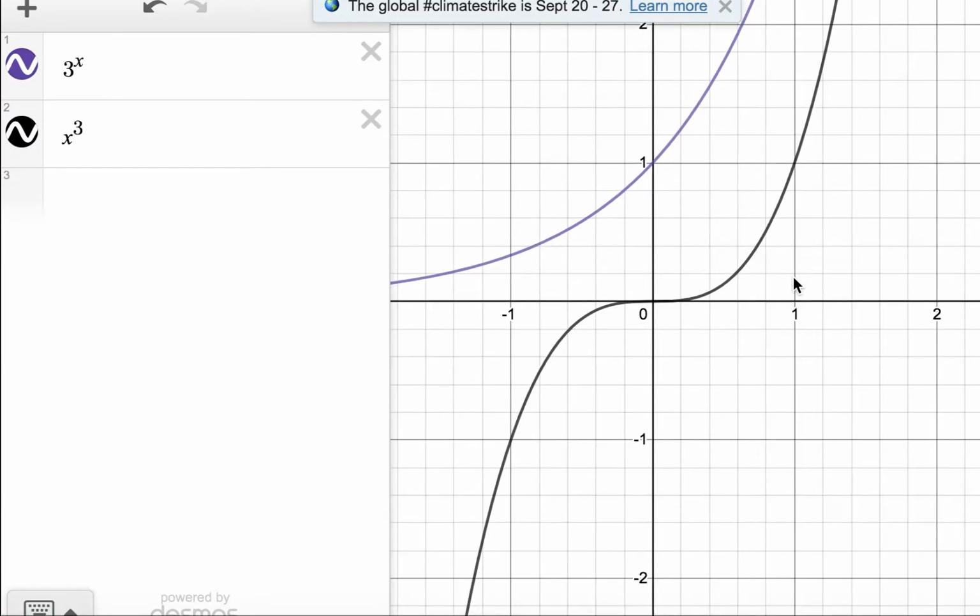Okay, that's probably good right there. Now it says use your graphing utility to graph these two. We did that on the same pair of axes. Please compare the rate of change of each graph on the following intervals.